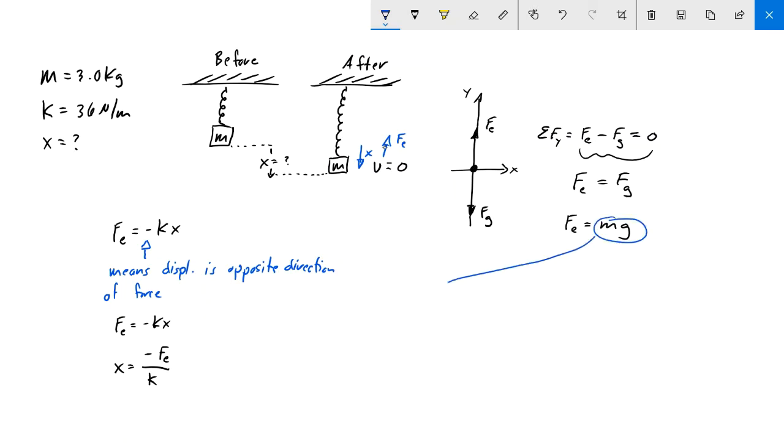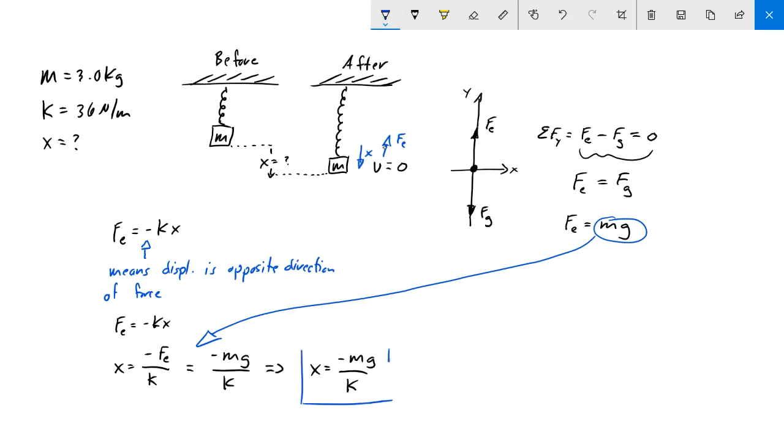So I can just do a little substitution and throw that in over here. So this would be rewritten as minus mg over k. So the equation that we get for this is x equals minus mg over k. Not too bad. We've done harder problems, I think, in the past. And that's it. That's how we would solve this problem.